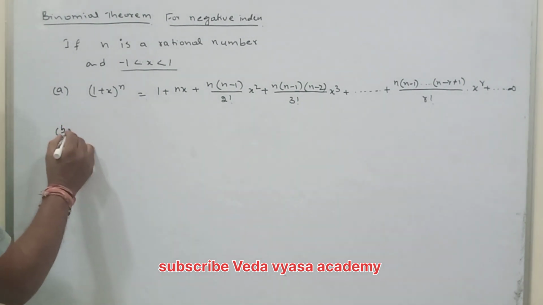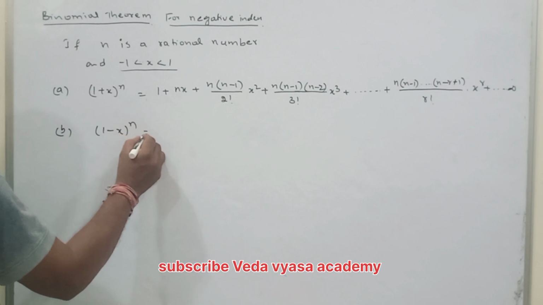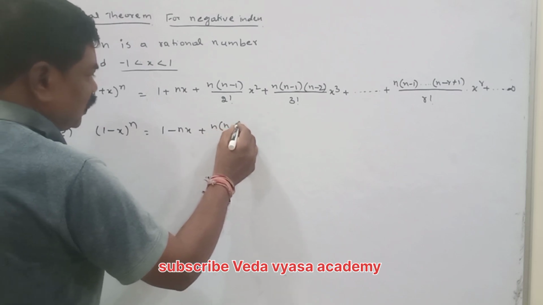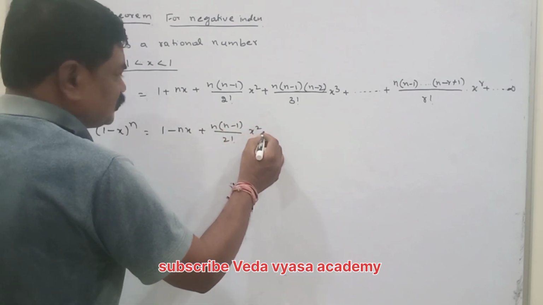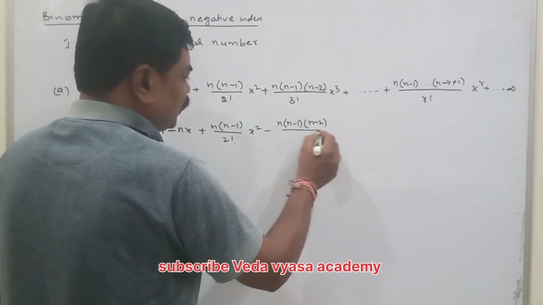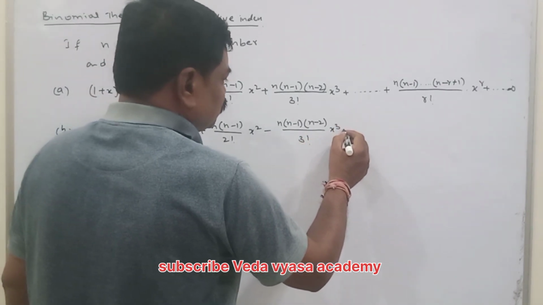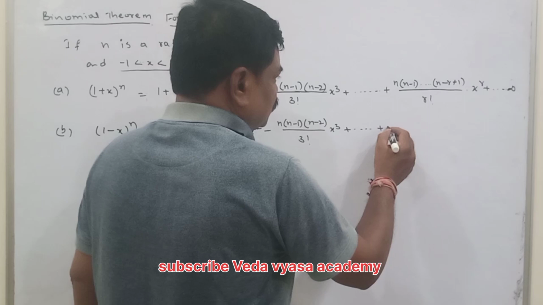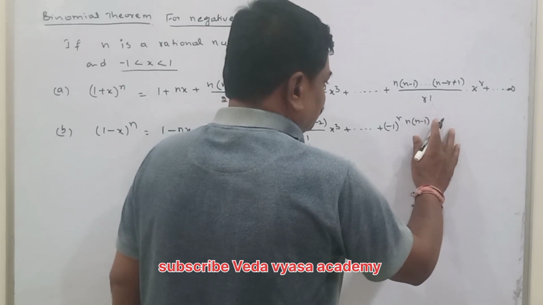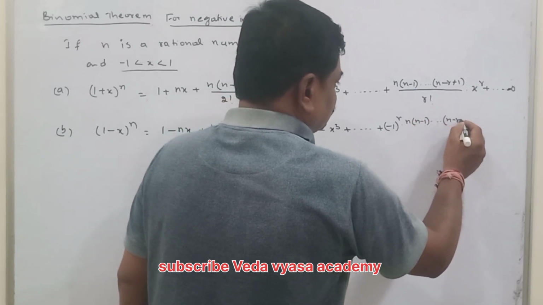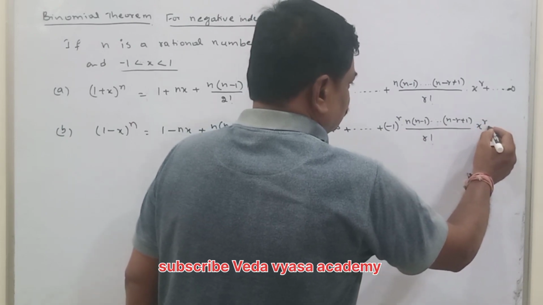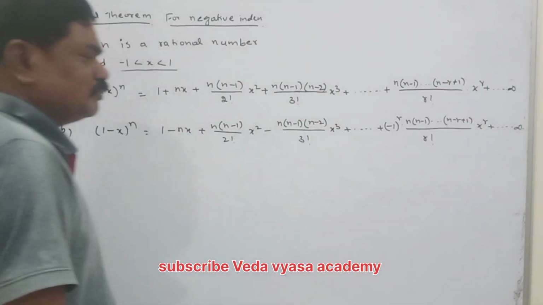B. Here (1 − x)^n = 1 − nx + n(n − 1)/2! x² − n(n − 1)(n − 2)/3! x³ + and so on + (−1)^r n(n − 1) and so on (n − r + 1)/r! x^r + and so on up to infinity.